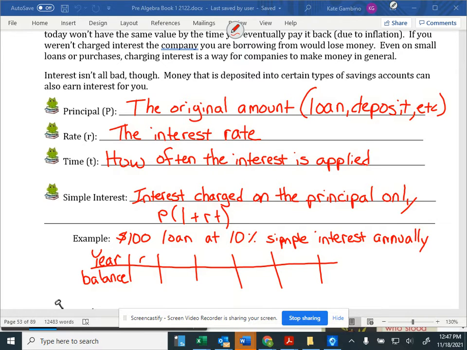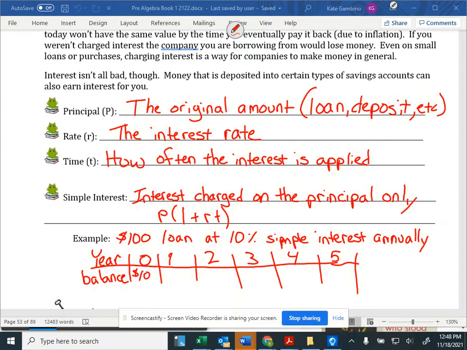So when you first take it out, year 1, year 2, year 3, year 4, and year 5. When you first take it out at 0, how much do we owe? $100. You took out $100, so you owe $100. So that is your balance.